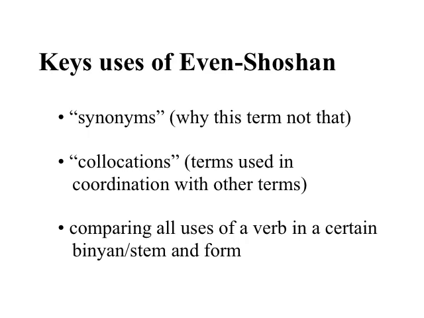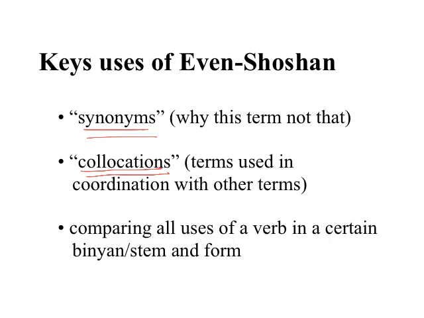Even-Shoshan still has a strong place and can help the Bible exegete even in ways that are difficult to do in a computer. One of those, again, to summarize, is synonyms. Why this term and not that? Looking at the synonyms and comparing the other entry in Even-Shoshan and or a lexicon is especially helpful.